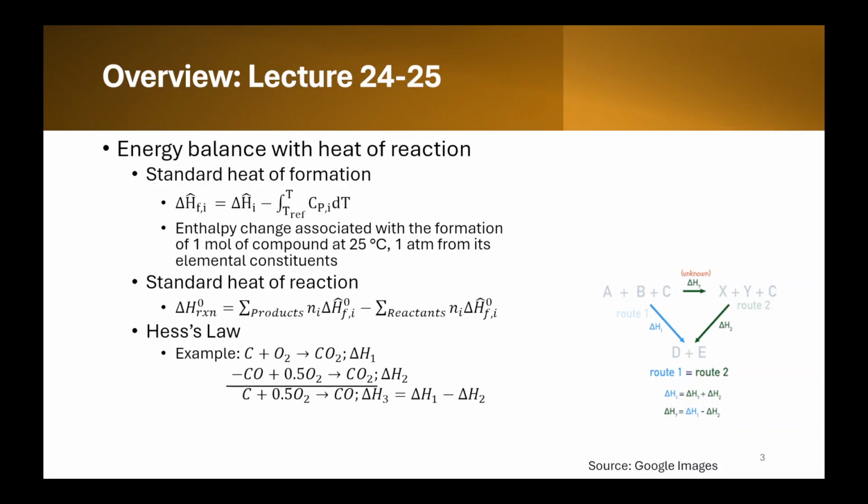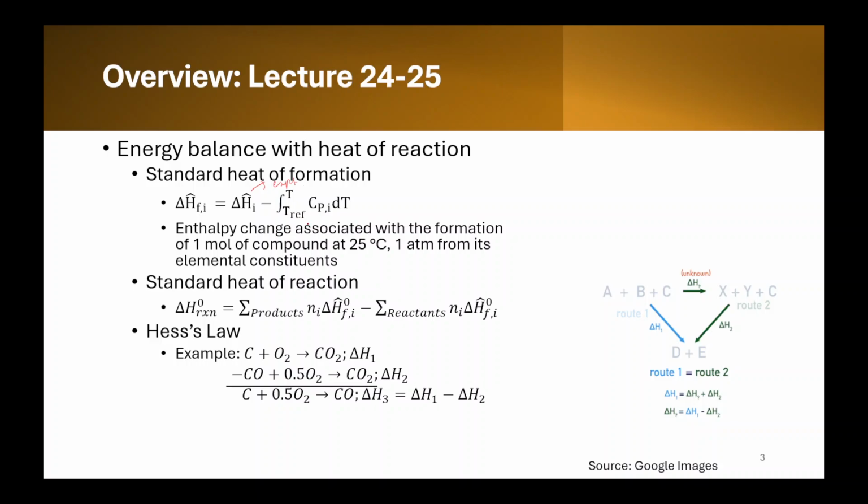Firstly, some recap of the standard heat of formation. This is the formula for that. This is calculated experimentally. Suppose you have some heat of formation for a compound and you compute it experimentally, and then you subtract the sensible heat which is evolved.